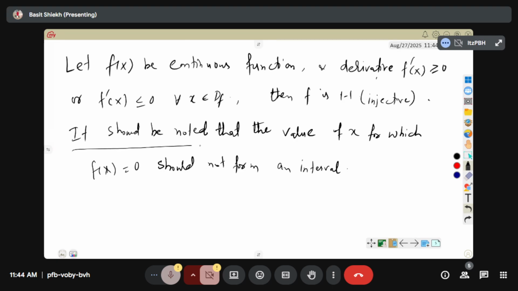Here the note is: the values of x at which f dash x equals 0 should not form an interval. We are finding f dash x, and this should not form an interval.